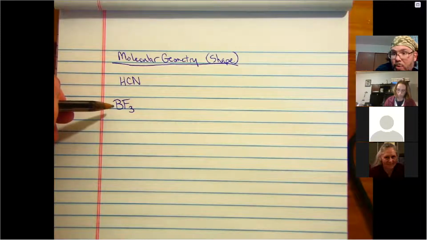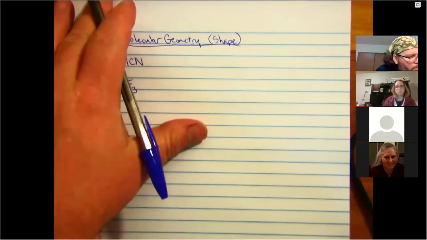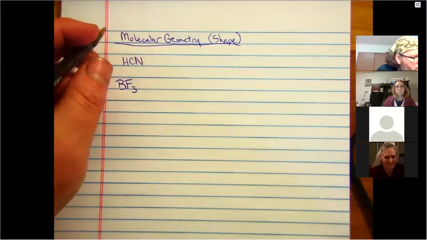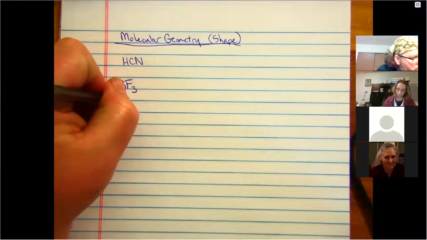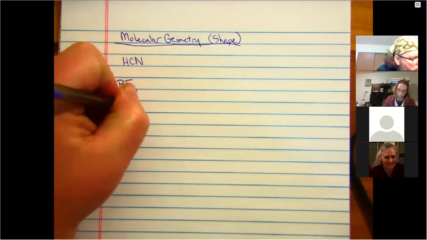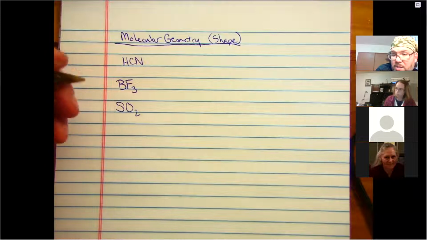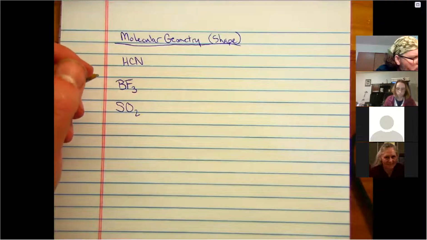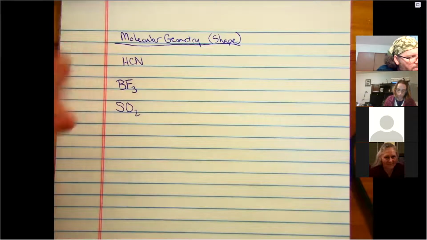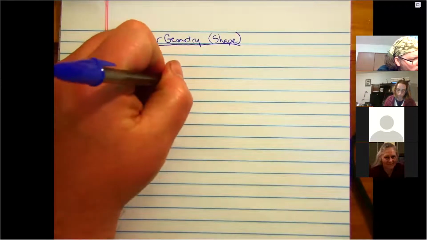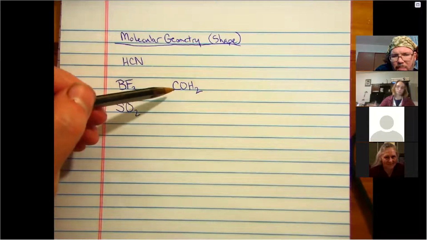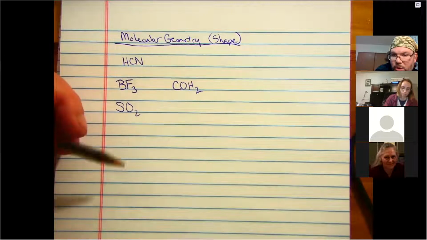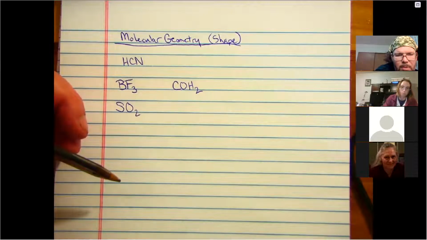It only has 3 bonds to boron. We'll just recycle SO2. That's an important one because it has a different shape. We looked at this one together last time, but remind yourself how to draw that Lewis structure. That's formaldehyde.